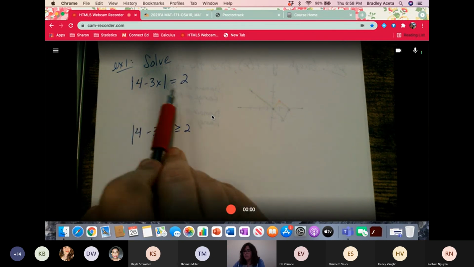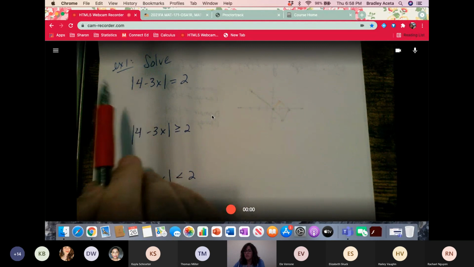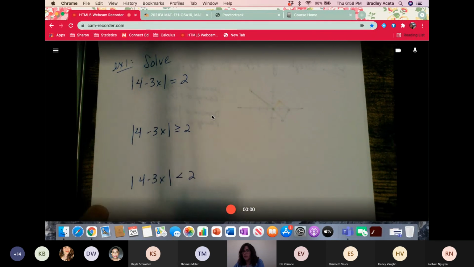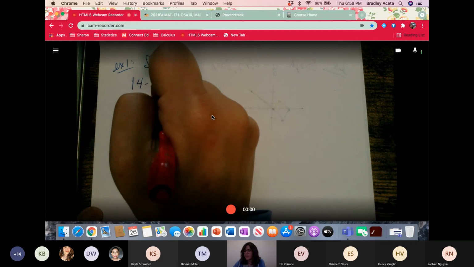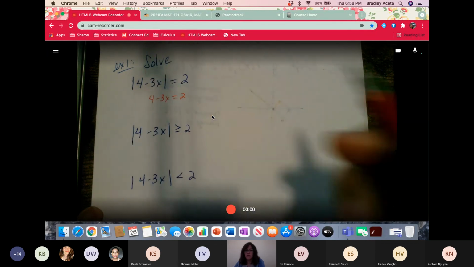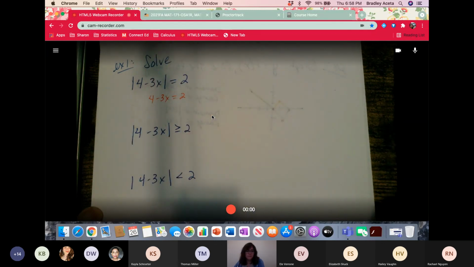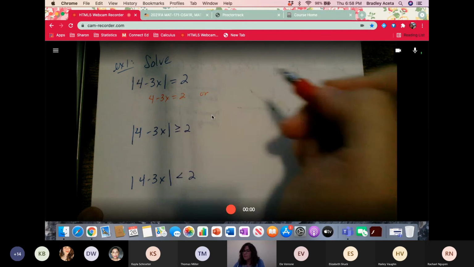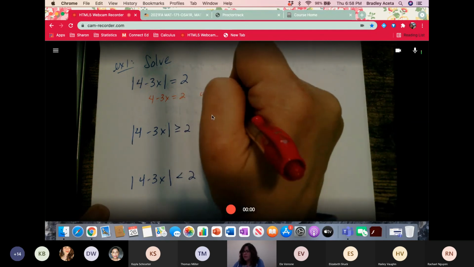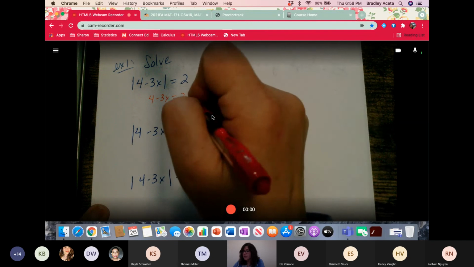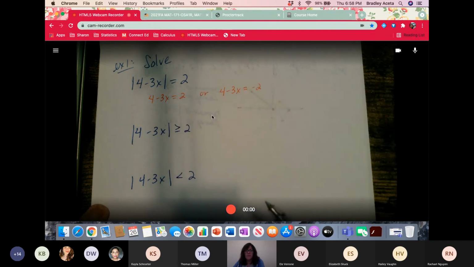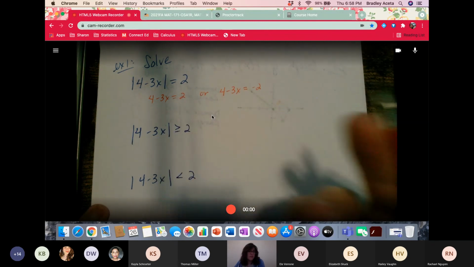Whenever you see absolute value bars, write 2 equations, right? You've got to write 2 of them. So write it just like it is, 4 minus 3x equals 2 without the bars. Then write it again, 4 minus 3x equals, change the sign, negative 2. And then solve.